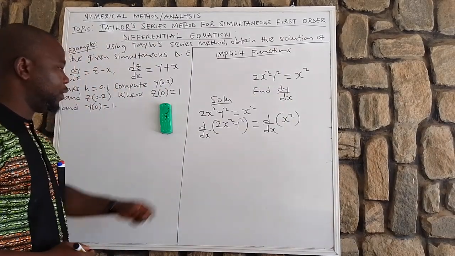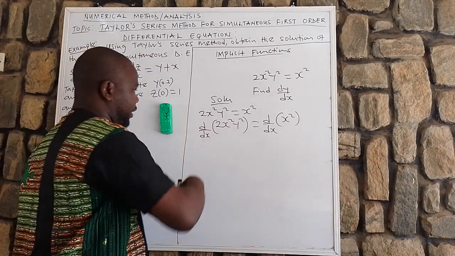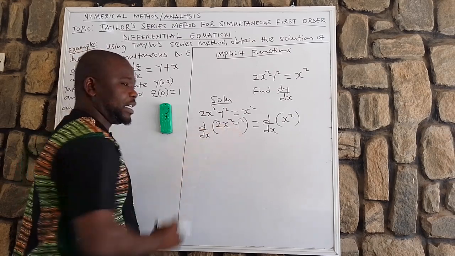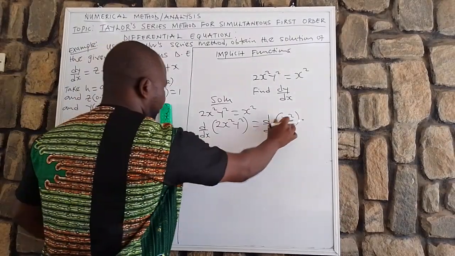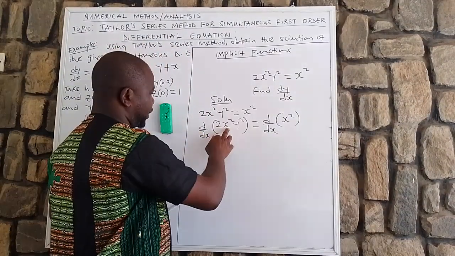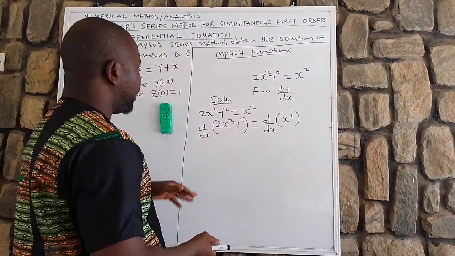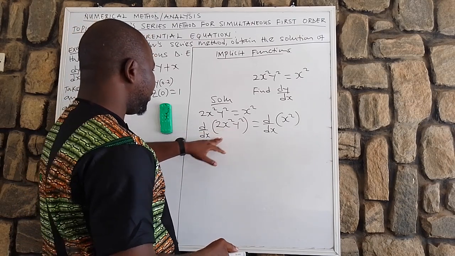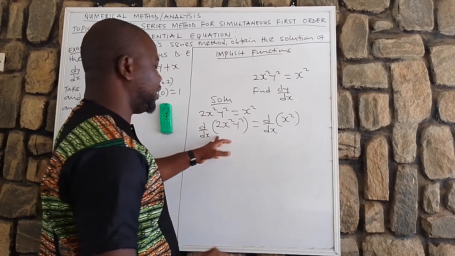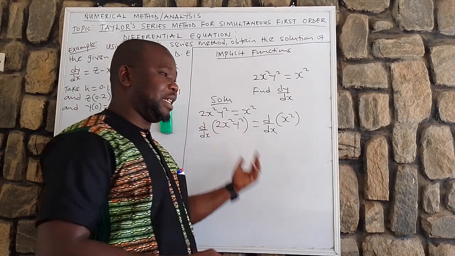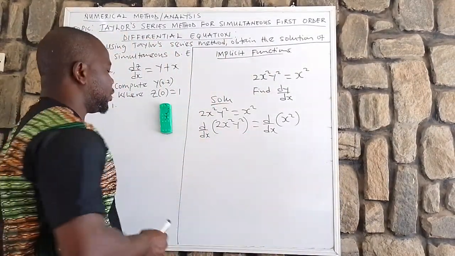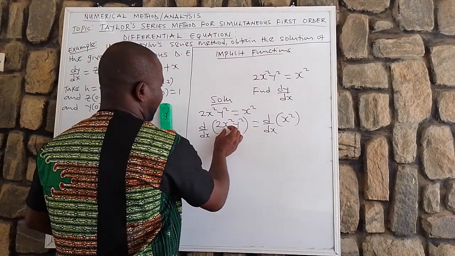So this means differentiate what is inside here. The same thing is applicable here. But here we have two functions, x and y, so we are going to differentiate these functions implicitly. Implicit differentiation is more like the product rule.